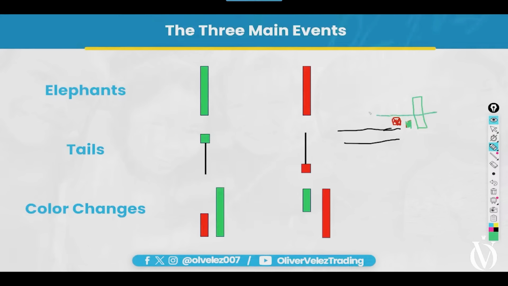Here is taking out a red, trading above a red. That's the entry price. So we teach them these variations of a color change, elephants and tails in the right spot. Now, these are the three things they need the most. We teach adults a little bit more, but the kids can earn their living just with these three things, playing them in the right spot.